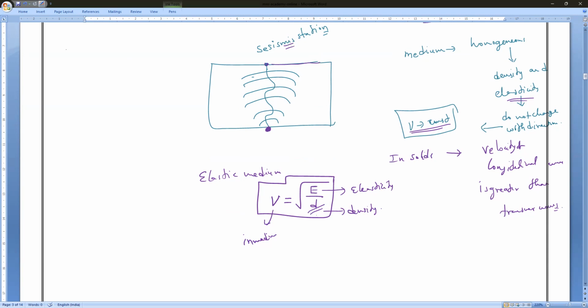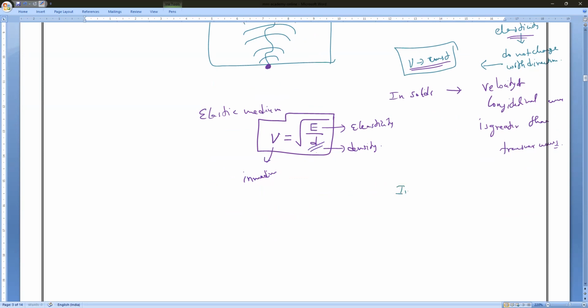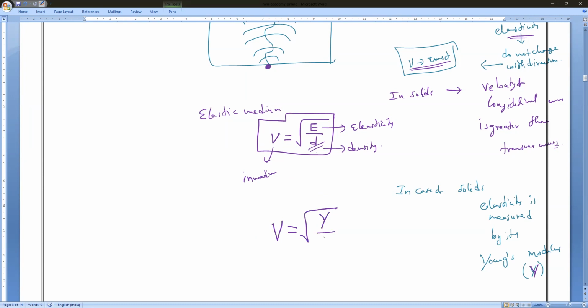It is based upon two parameters: elasticity and density. In case of solids, elasticity is measured by Young's modulus, whose symbol is capital Y. So I can replace E with Young's modulus Y. The velocity of the sound wave is v = √(Y/D).